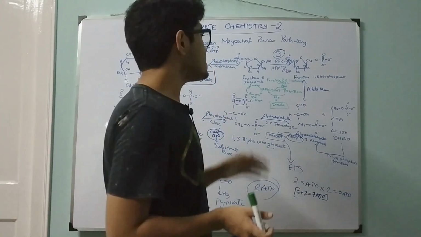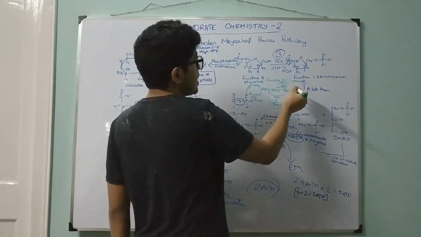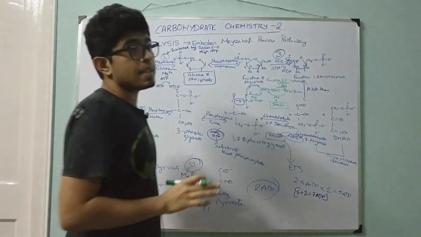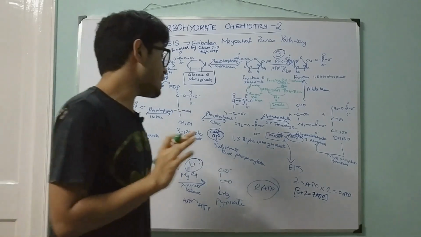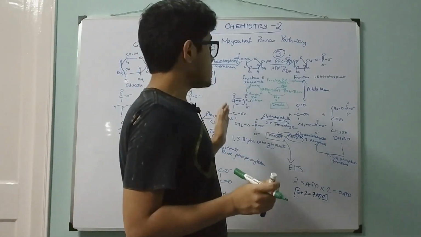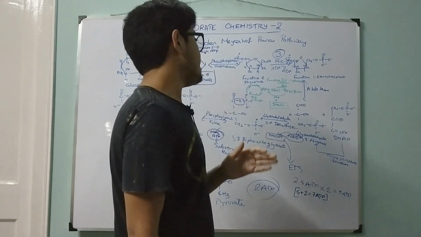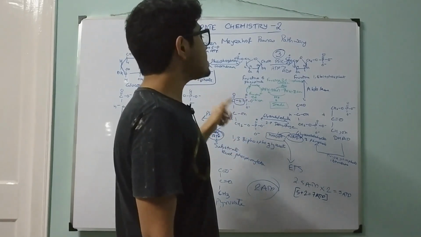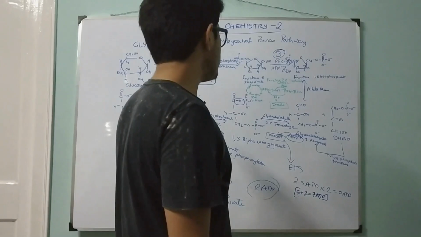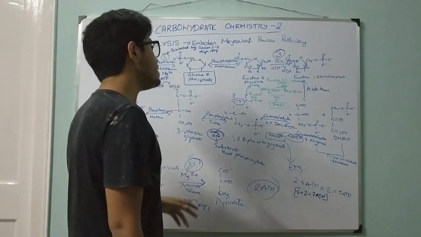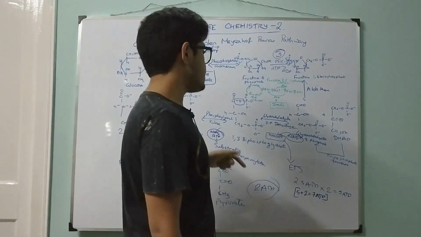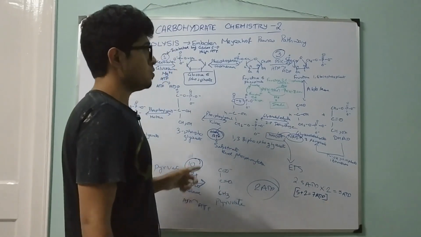So this is a very important step. Glucagon stimulates protein kinase A, which converts phosphofructokinase 2 to its inactivated form, and thereby stimulates the fructose 2,6-bisphosphatase activity.